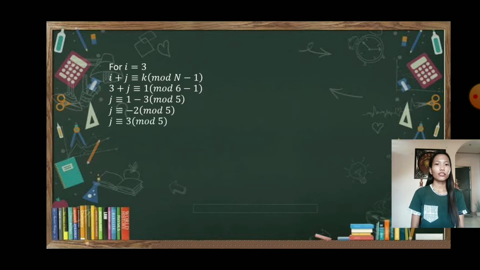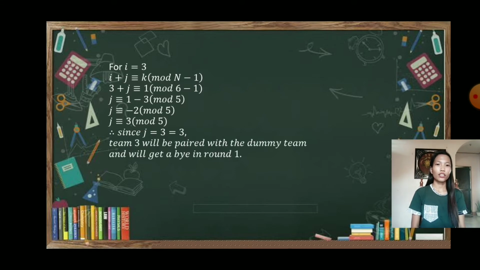When we solve that, we have j ≡ −2 mod 5, or j ≡ 3 mod 5. So, we have the value j = 3. Since j = 3 and it is also 3, the value of i, Team 3 will be paired with the dummy team and will get a bye in round 1.